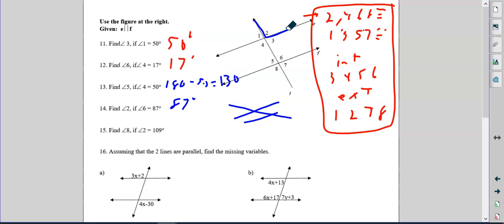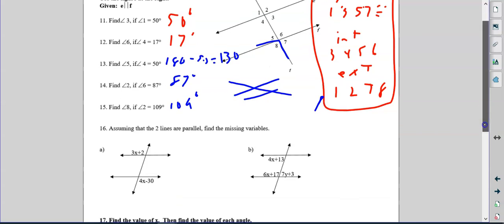Find angle 8. Well, we're going to slide down the transversal, right? And then on the other side of the transversal, it's going to be equivalent. Alternate exterior angles. And we said up here, all the evens, 2, 4, 6, 8, were congruent. So also 109.